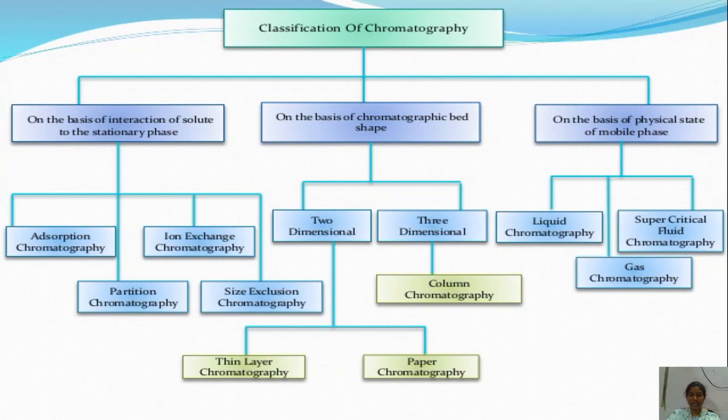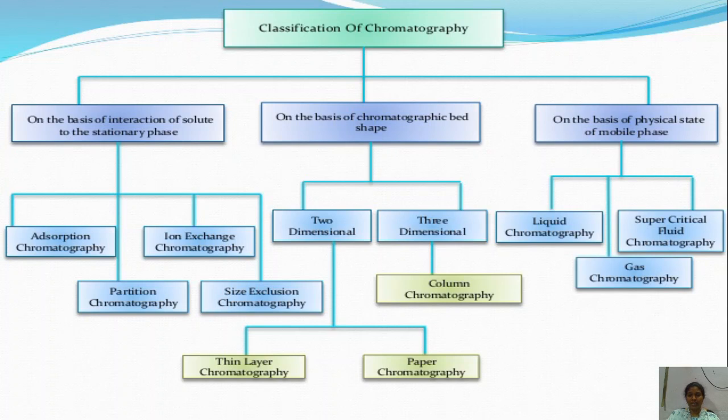In thin layer chromatography, a uniformly coated thin layer of silica gel is used on the TLC plates as the stationary phase. It comes under the two dimensional chromatographic technique. And in paper chromatography, paper is used as a stationary phase. This also comes under the two-dimensional chromatography technique.